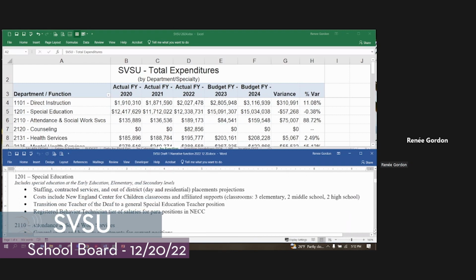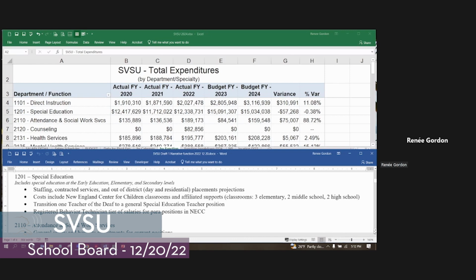1201, special education. This is direct instruction for special education for early ed, elementary, and secondary levels. So this is where you're going to see that teaching staff, the paras, the registered behavior technicians, but then also the contracted services that we have for the clinicians from UCS, and our agreements for our partner programs, partner classrooms from New England Center of Children.